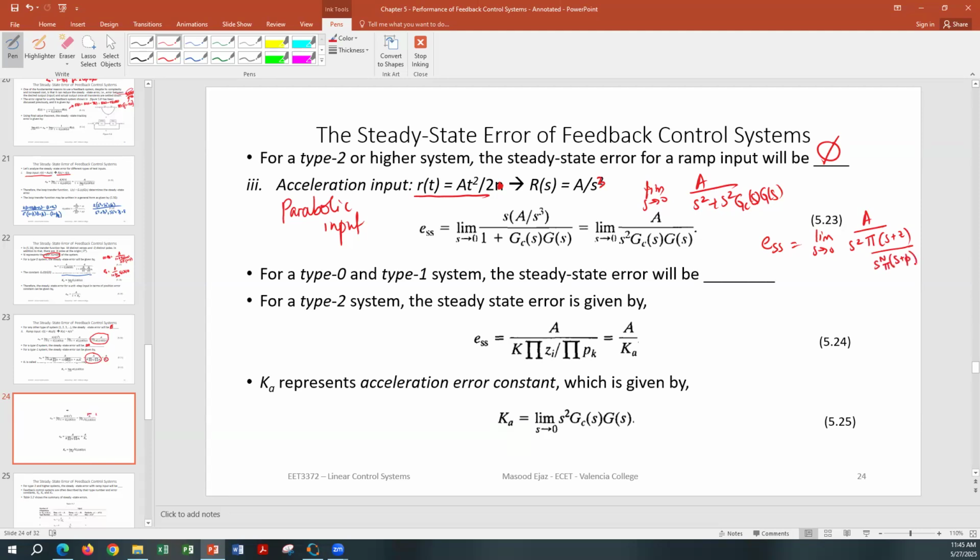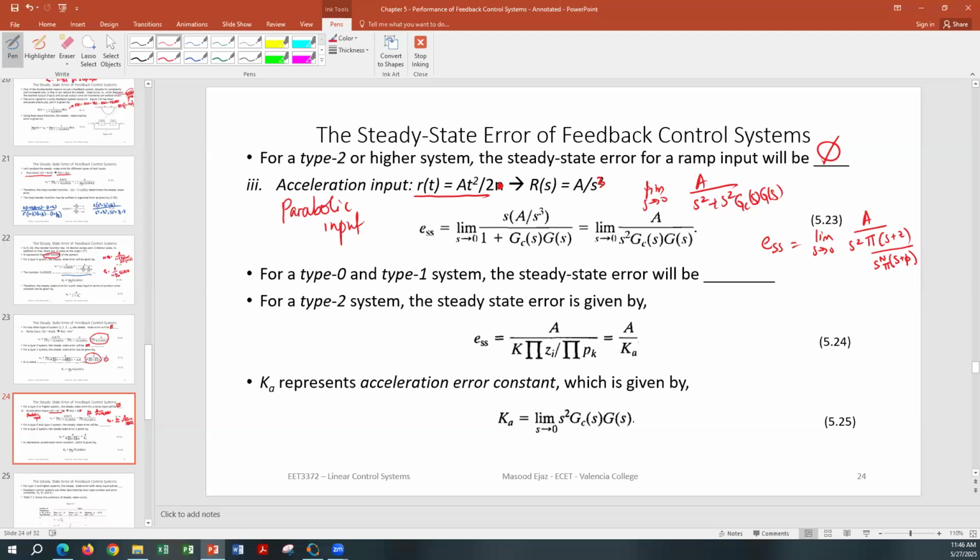Now apply type 1, type 2, type 3, whatever you want. For a type 0 system, s to the power 0, what will be the steady state error? It's going to be infinity, because you have A over s squared, which will be 0 in the denominator.